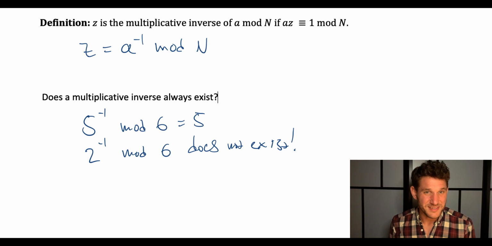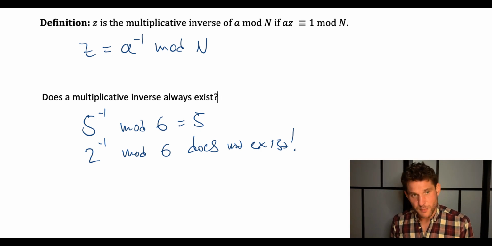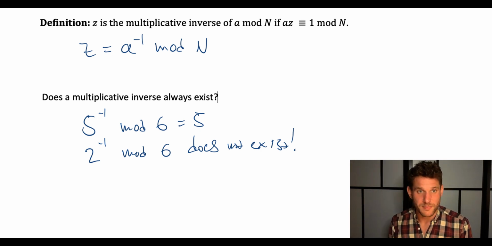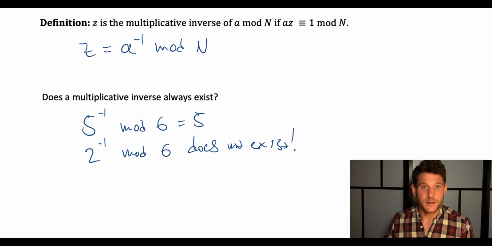And it's kind of easy to see why this is true for mod 6, because anything you multiply 2 times is going to be an even number. But to get something that is 1 modulo 6, to have a remainder of 1 upon dividing by 6, that number is going to have to be odd. So there's no way to find a number you can multiply by 2 to get something that is 1 modulo 6, because you would have to get an odd number, but anything times 2 is going to be an even number. That's not going to be possible.